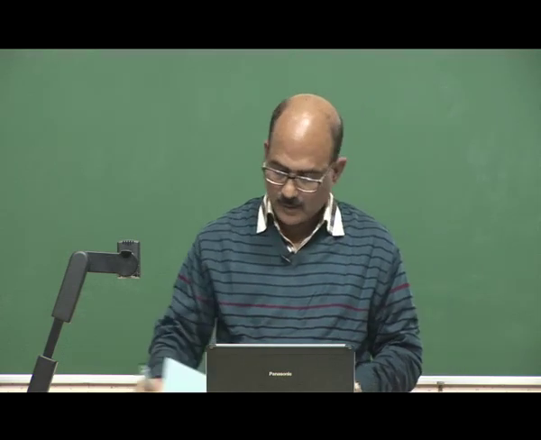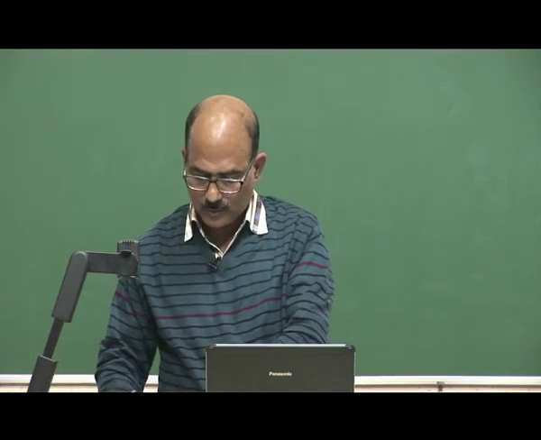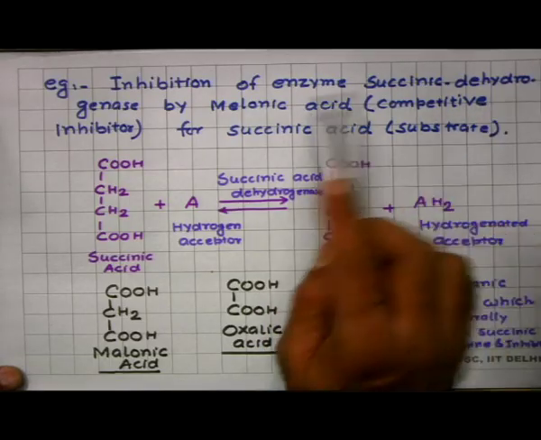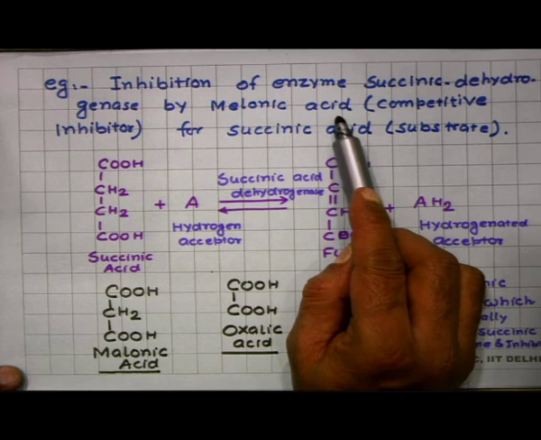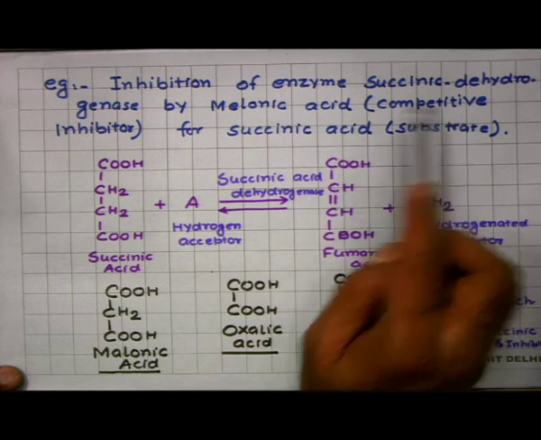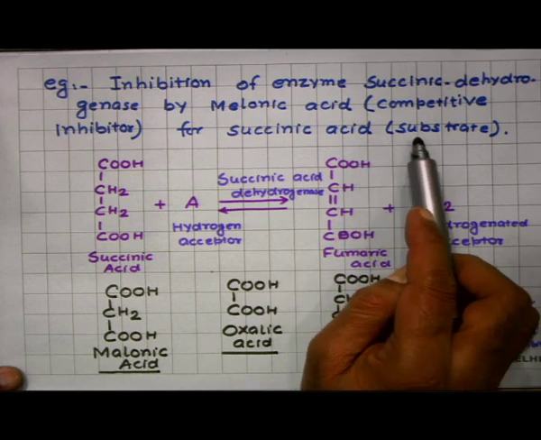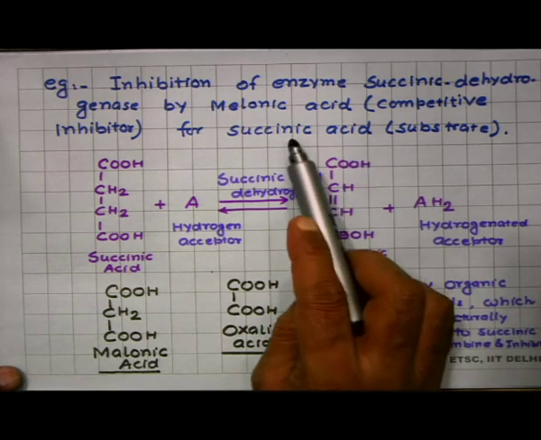The example is inhibition of the enzyme succinic dehydrogenase by malonic acid, a competitive inhibitor for succinic acid, that is the substrate. This we have already discussed.